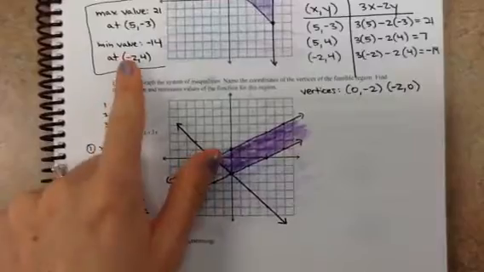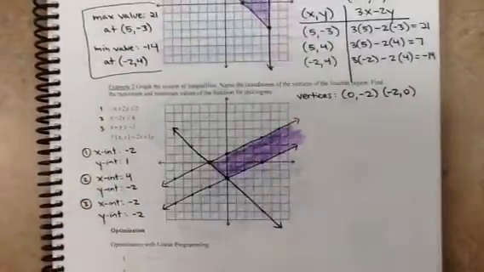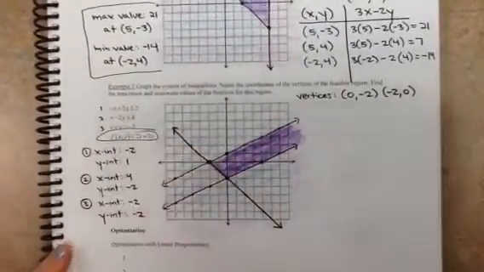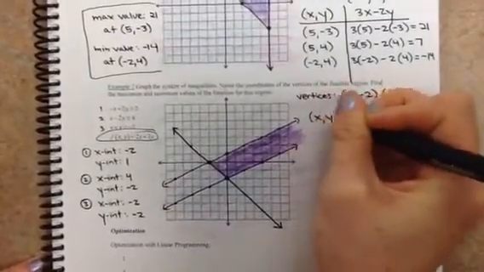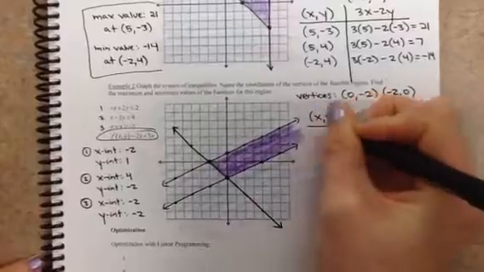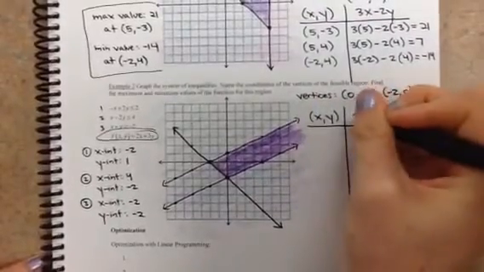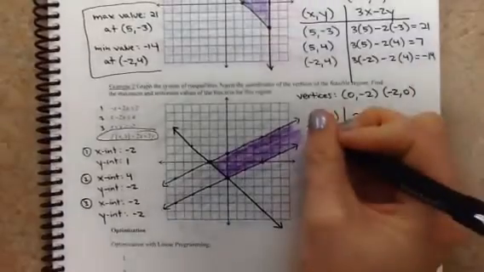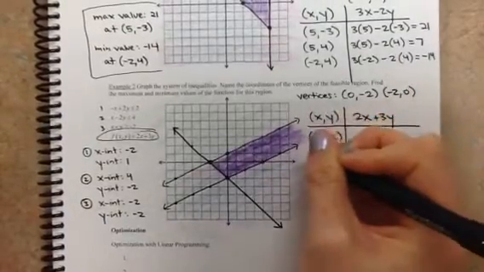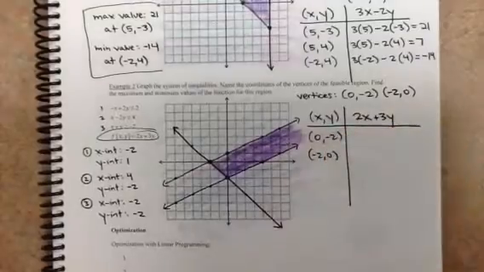So I'm going to do the same thing that I did up here, get my min and max values by plugging into this function of x and y. Okay, so I can make a table. I start with coordinate points, and I plug those coordinate points into this function right here. Okay, so my first coordinate point is 0, -2, and my second is -2, 0.